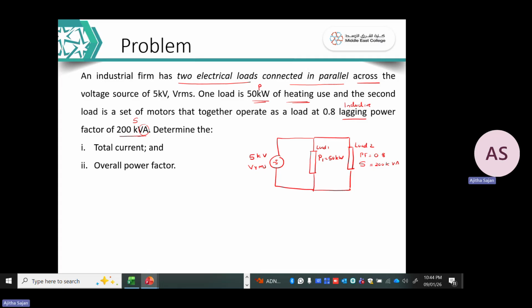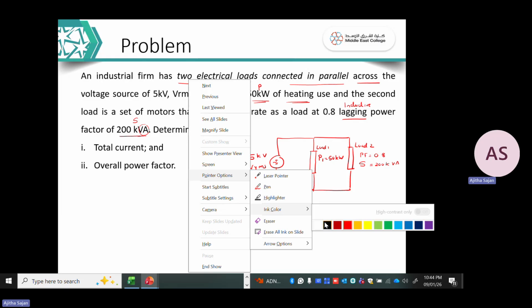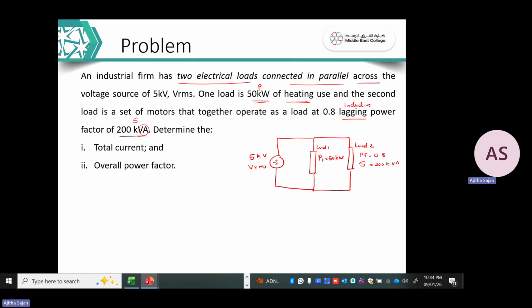Complex power includes all the information related to the power: average power, apparent power, power factor, every detail is available in the complex power. As I told you in the class, complex power is also denoted by S and apparent power is also denoted by S, so we are going to write it like this for complex power.